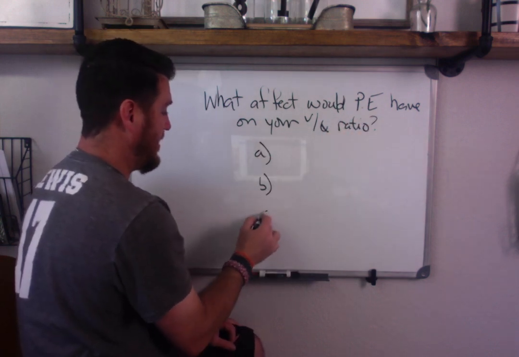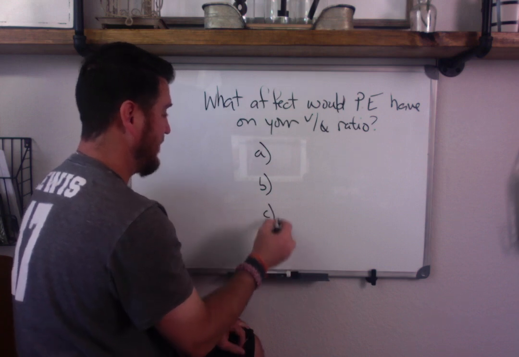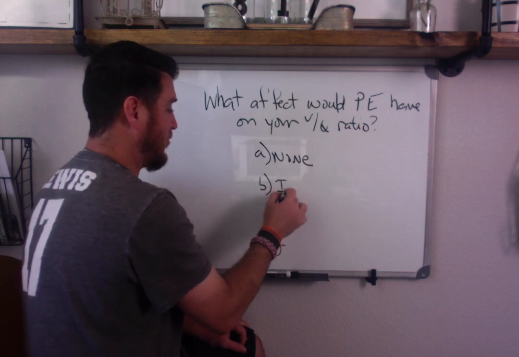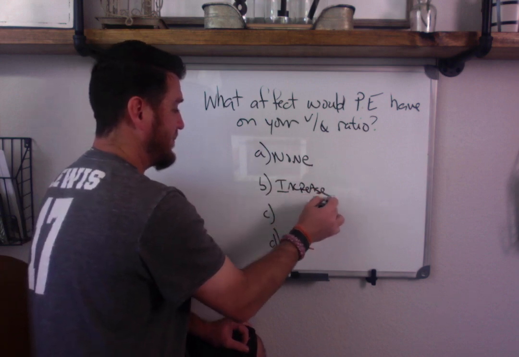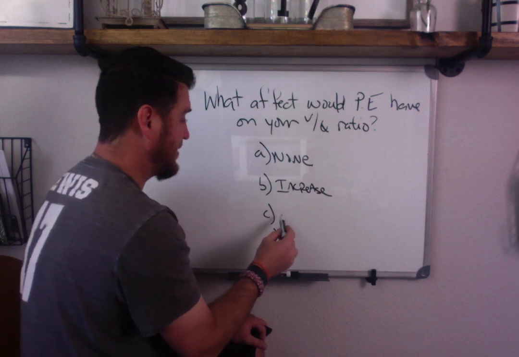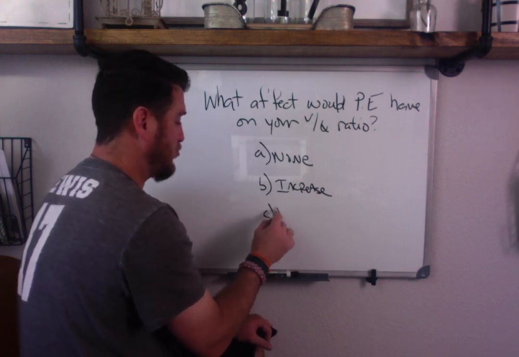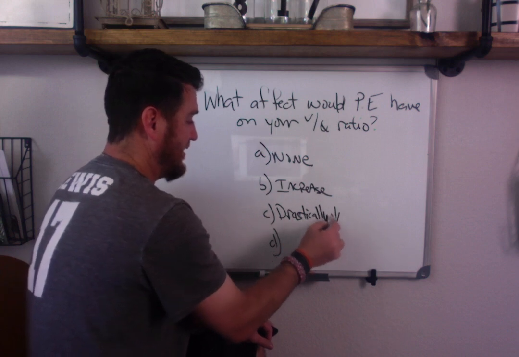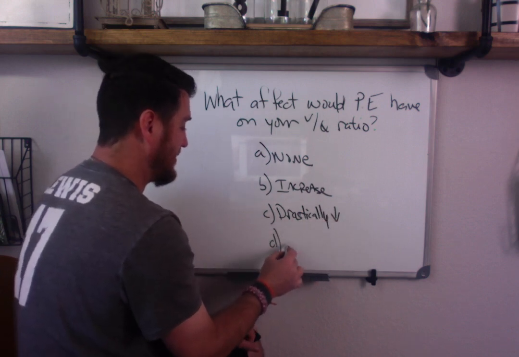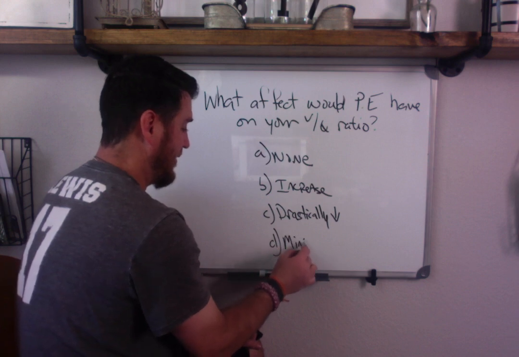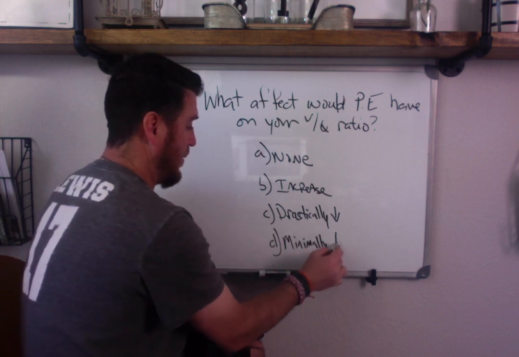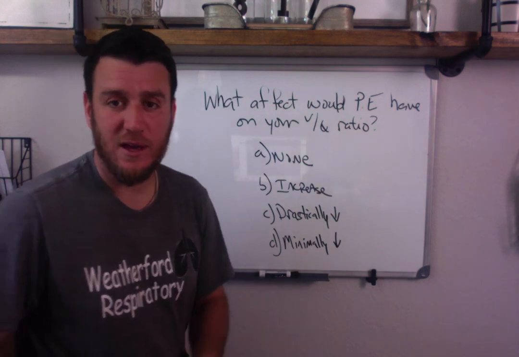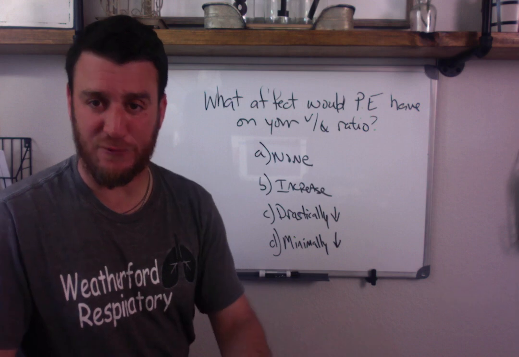A, B, C, D. A is none. B is increase. C is drastically decrease. And D is minimally decrease. Well, again, you ask yourself, okay, they threw the same question at me, but in a different way.